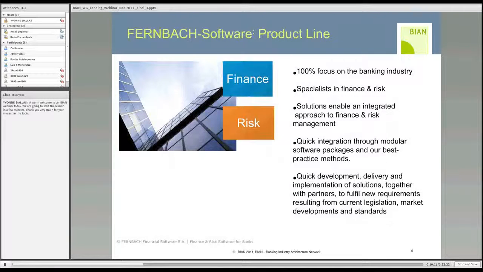Our product line mainly revolves around finance and risk, and we have products for multi-gap, risk and compliance, and also lending. Specifically speaking about lending, our lending suite is SOA compliant and is component based.